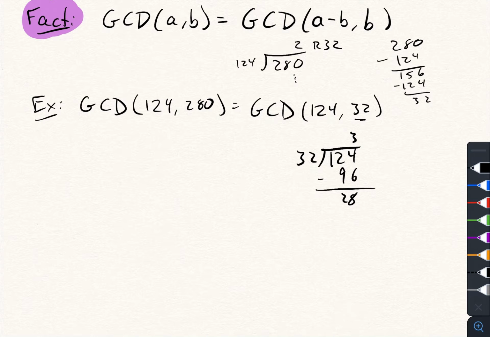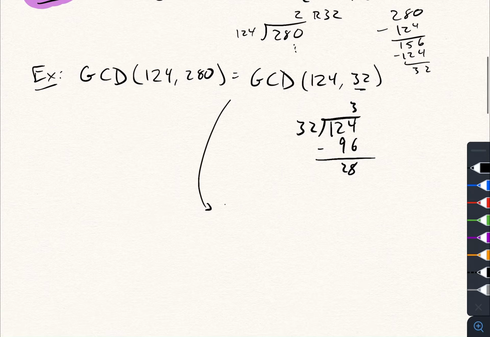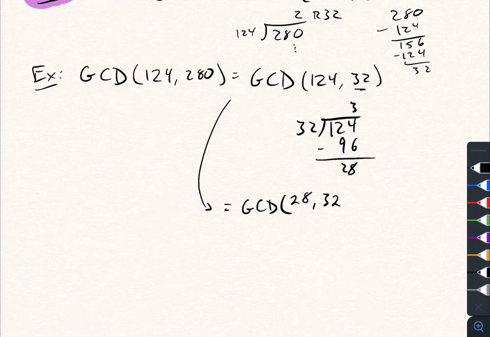Okay, so this will be 3 with a remainder of 28. So then this GCD is going to be equal to the GCD of, instead of 124 and 32, whatever that remainder is and 32. Okay, and these two numbers are much smaller and much easier to deal with.